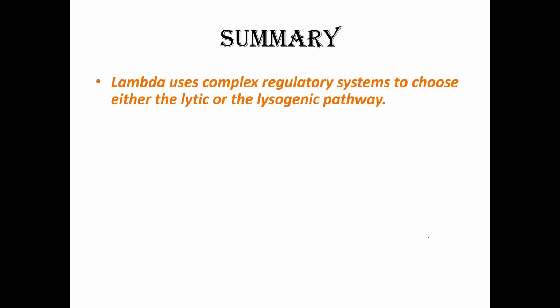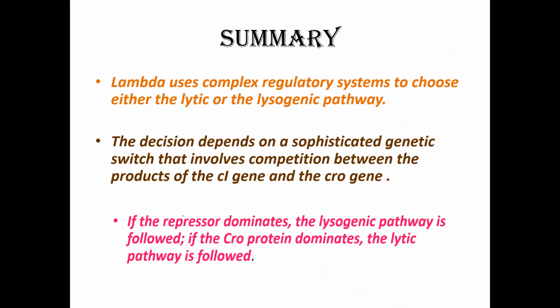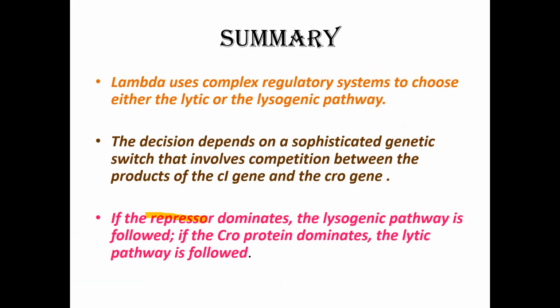What is the summary? Lambda uses complex regulatory systems to choose either the lytic or lysogenic pathway. It has a choice, it has a genetic switch. And this decision depends on a sophisticated genetic switch that involves competition between the C1 repressor and the CRO protein. If the repressor dominates, that is the C1, you know what would happen?